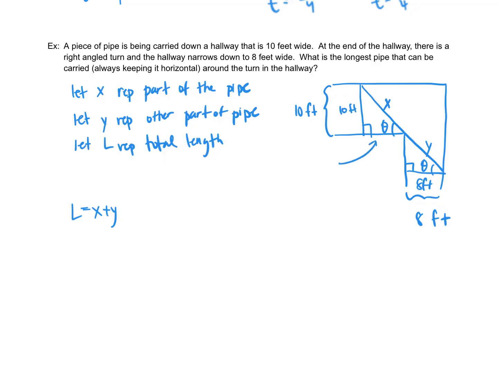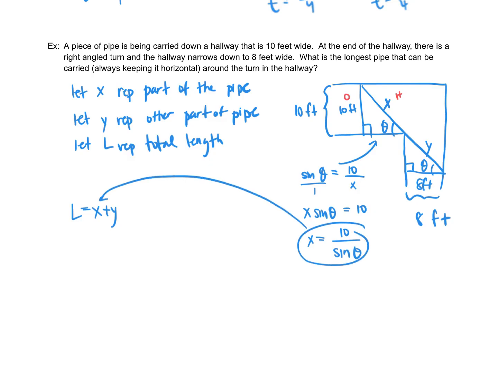So in this triangle, 10 is opposite, x is hypotenuse. I'm thinking sine theta equals opposite, so 10 over hypotenuse x. If I cross multiply, x goes with sine theta, 10 times 1 is 10, then I can divide both sides by sine theta.